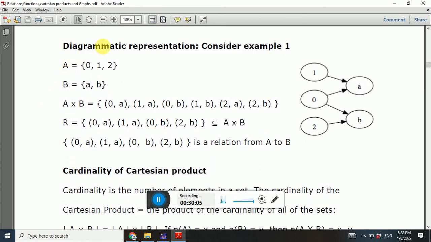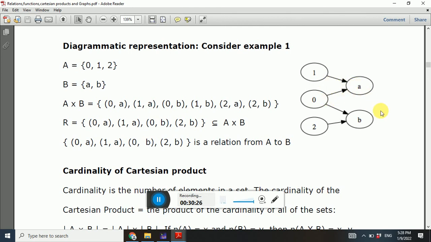Then we also have the previous approach of finding the Cartesian product, which was the matrix method, but you also have the diagrammatic representation, and this can also be referred to as the arrow diagram.